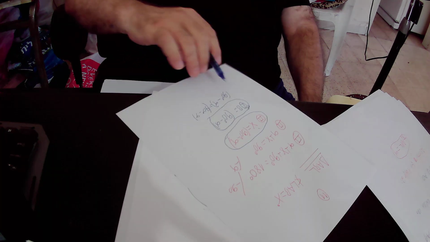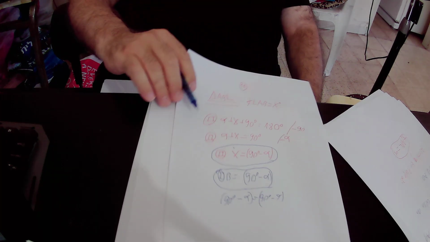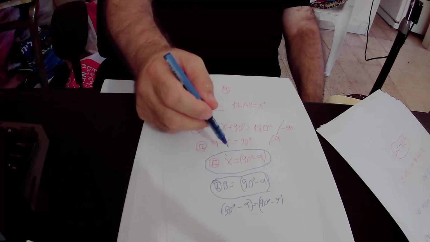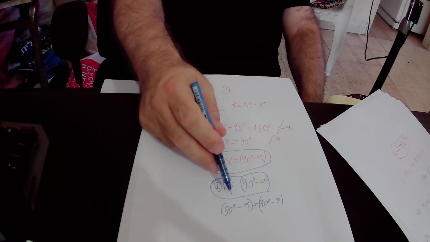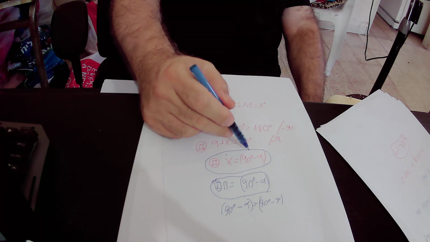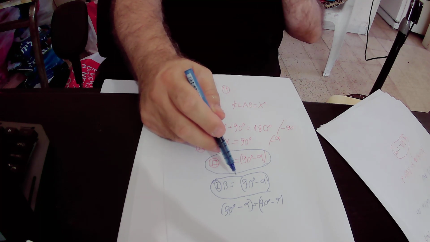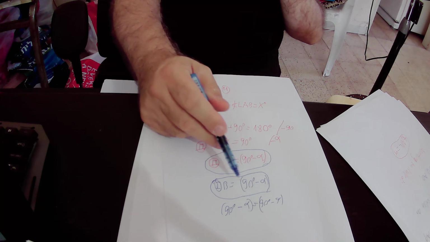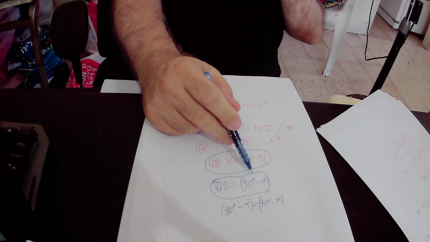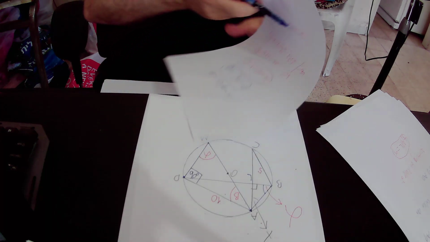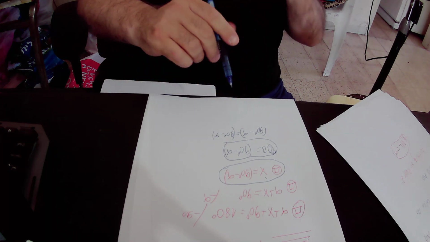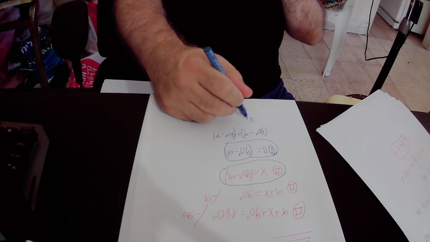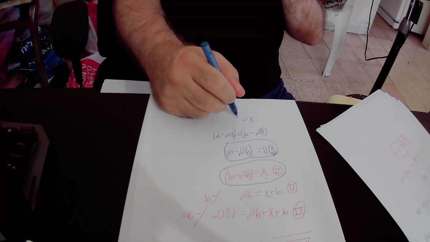We can also do it the opposite way: substitute x by 90 degrees minus alpha, and substitute 90 degrees minus alpha on this side by beta. So we will get that x equals beta.